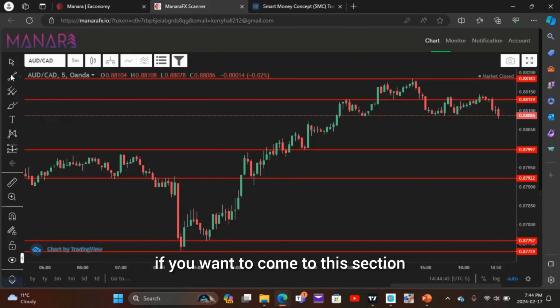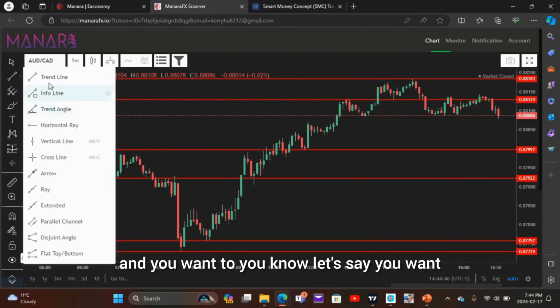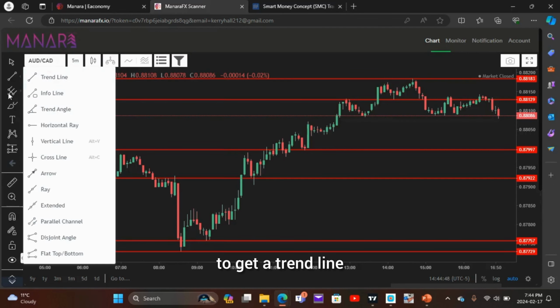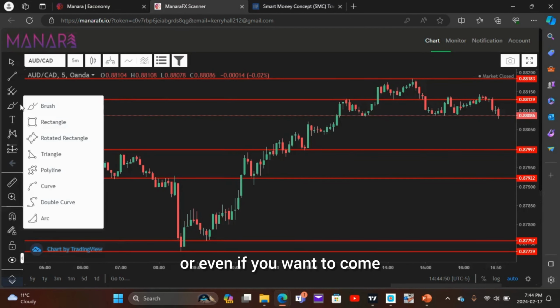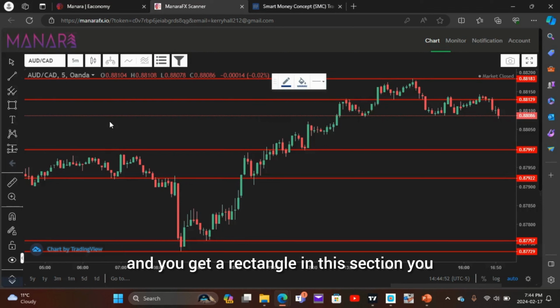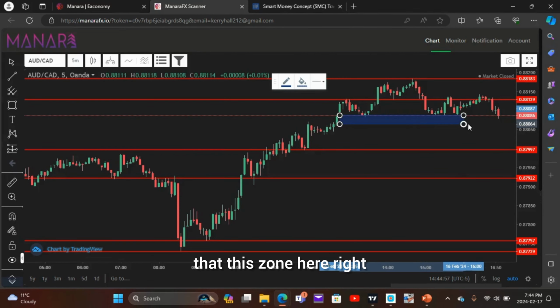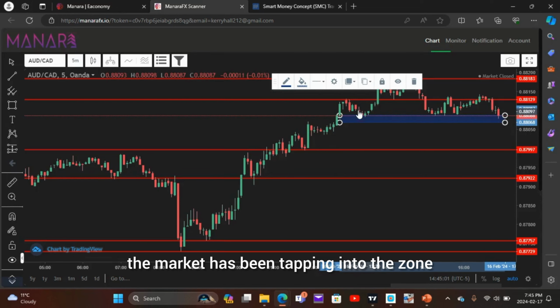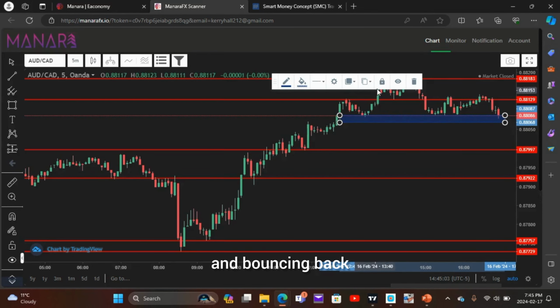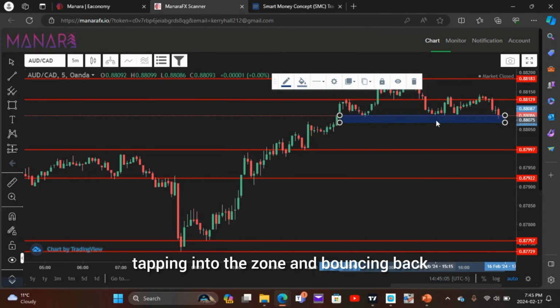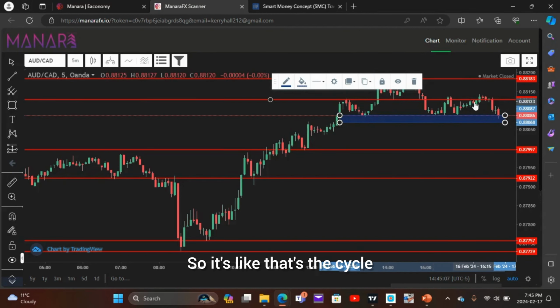Even if you want to come to this section where your toolbar is and get a trend line, or get a rectangle in this section, you can highlight something like this to indicate this zone here. The market has been tapping into the zone and bouncing back, tapping into the zone and bouncing back. So that's the cycle that's been going on.